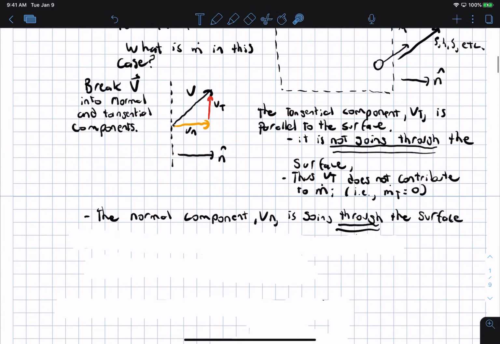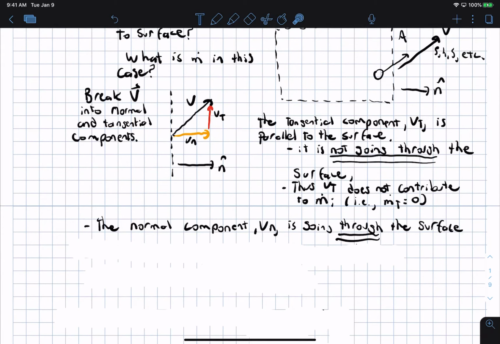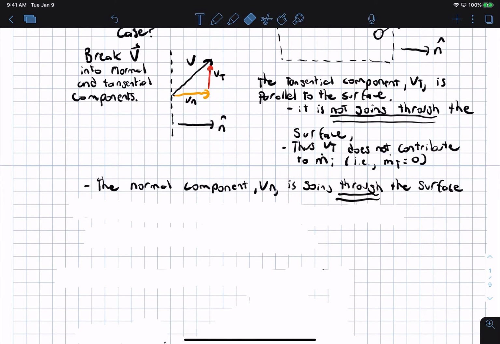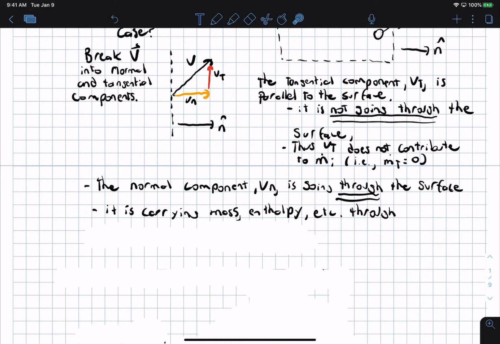The normal velocity component of this little blob of fluid is going through the surface, so it is being carried through the surface, and along with that velocity, it's carrying its mass, its enthalpy, entropy, energy, etc.